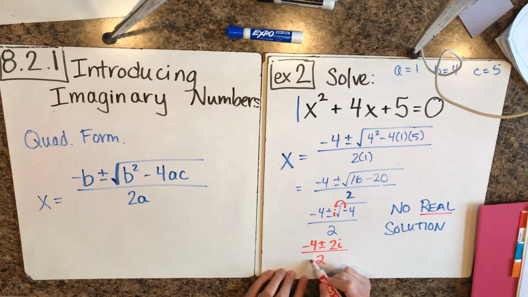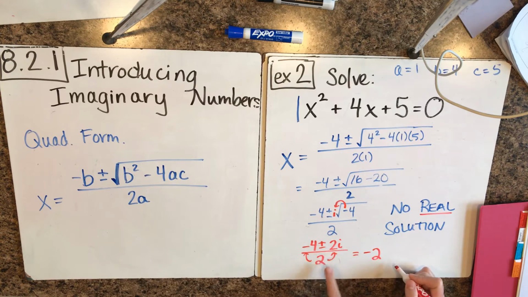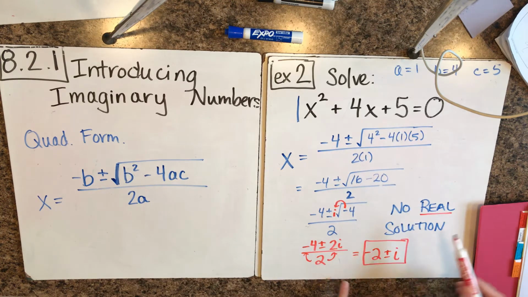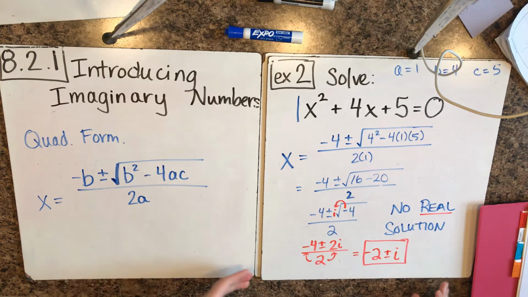We're really going to distribute the 2 up through both. Really what we're doing is we're distributing 1/2 to both, okay? And so -4 divided by 2 is -2, and 2i divided by 2 is i. So the one that we started yesterday and didn't quite finish, now we do know there's no real solution. However, there are two complex solutions, okay?